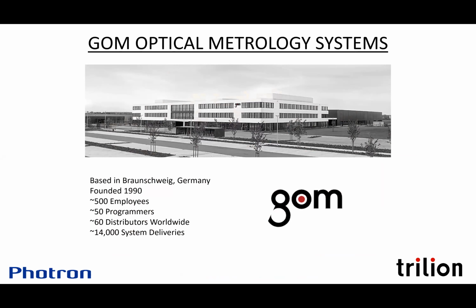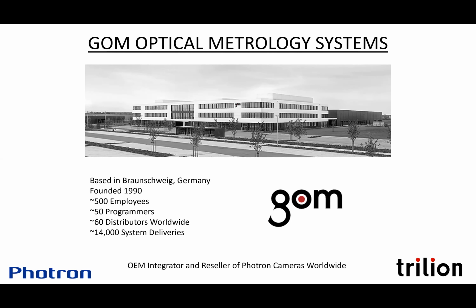As I said, GOM is a much larger company in Germany. They've got about 500 employees. They've been around since 1990, with 50 programmers. So the software is the real differentiating factor in making these kinds of measurements. They've got about 60 distributors worldwide, of which Trilion is the largest for deformation and strain measurements, and worldwide about 14,000 systems delivered.